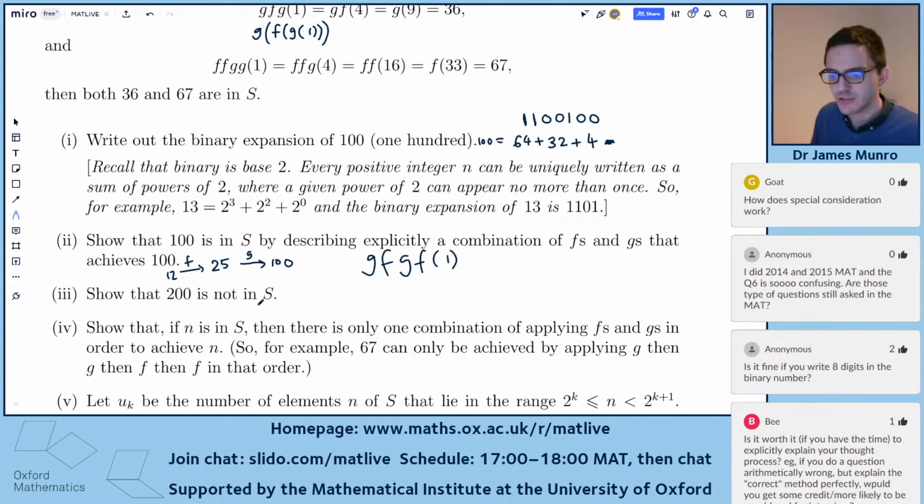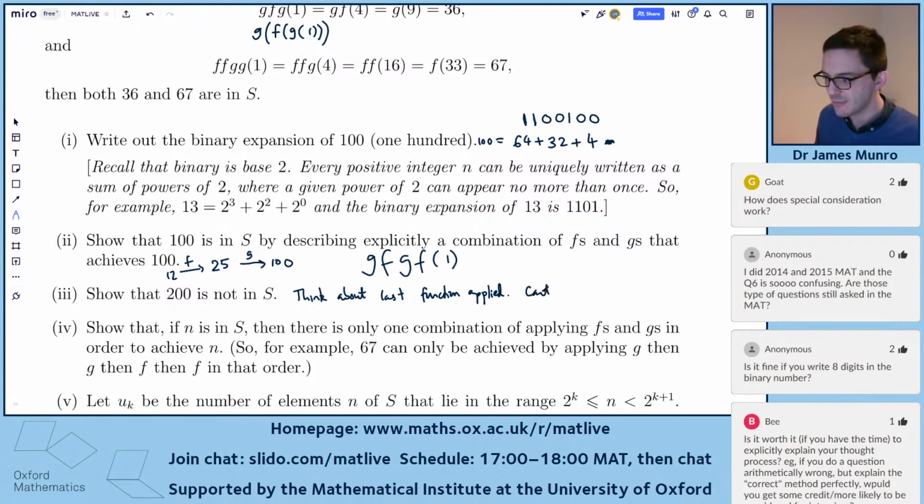So show that 200 is not in S. Okay, so we need to prove that no matter what sequence of F's and G's we've got, we can't get to 200. Here's a good idea, which I think Zach said in chat a while ago. Think about the last function applied.